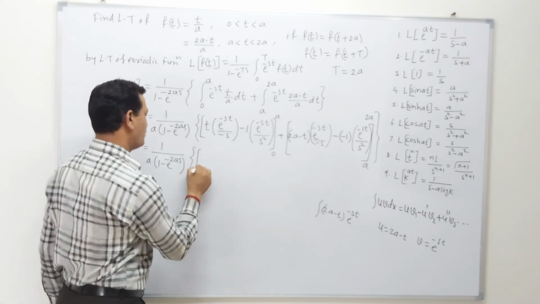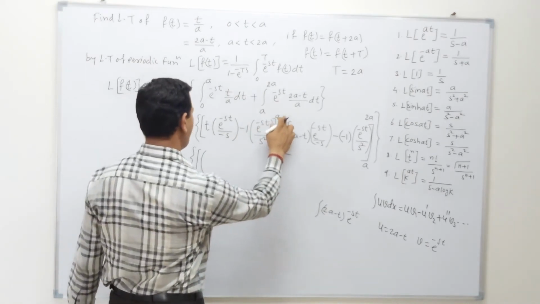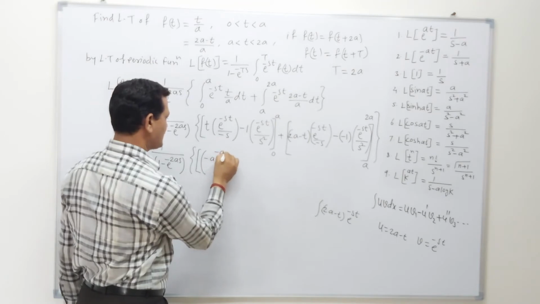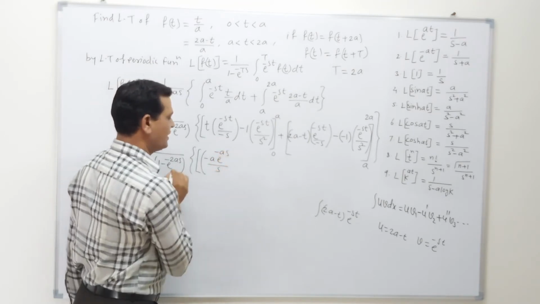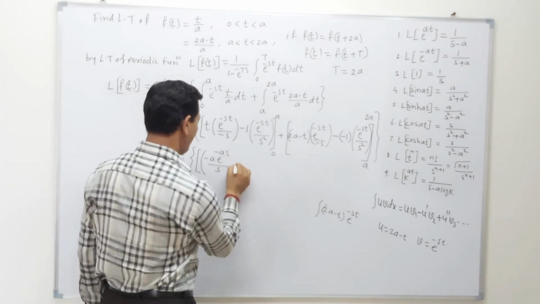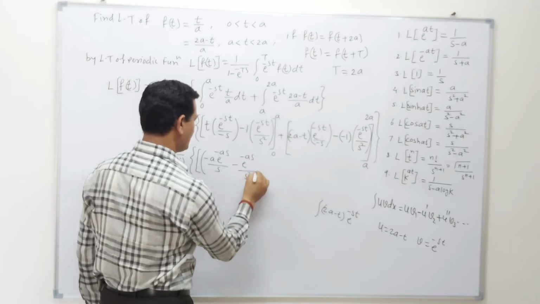Write down the circular bracket. The upper limit is a, so after rearranging the terms we can write this as minus a e raised to minus as upon s, then minus e raised to minus as upon s square.